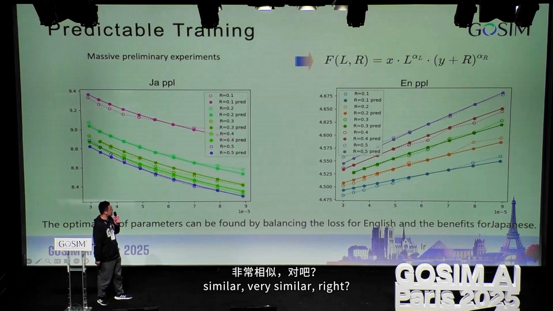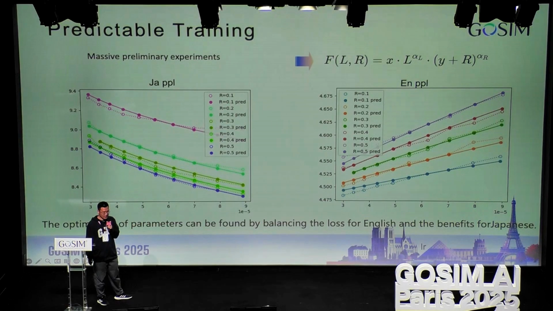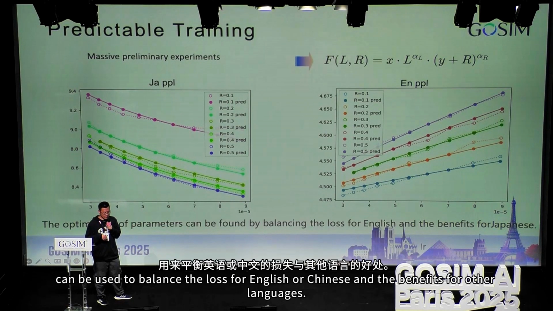They are very similar, right? So in this way, we can select an optimal set of parameters that can be used to balance the loss for English or Chinese and the benefits for other languages.